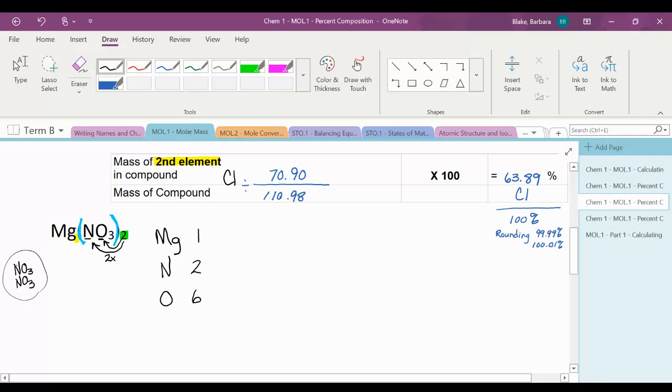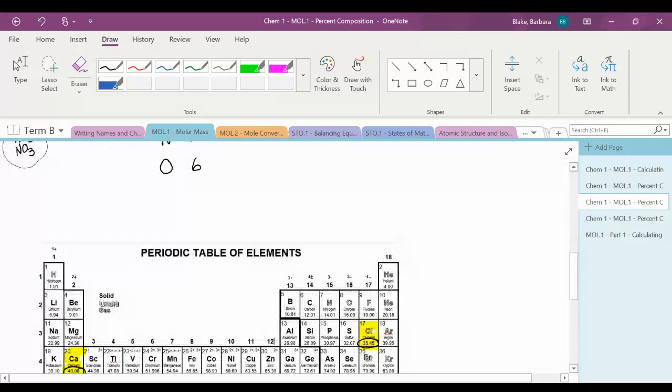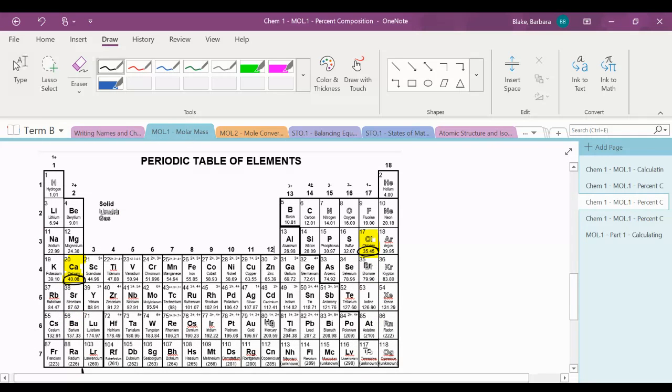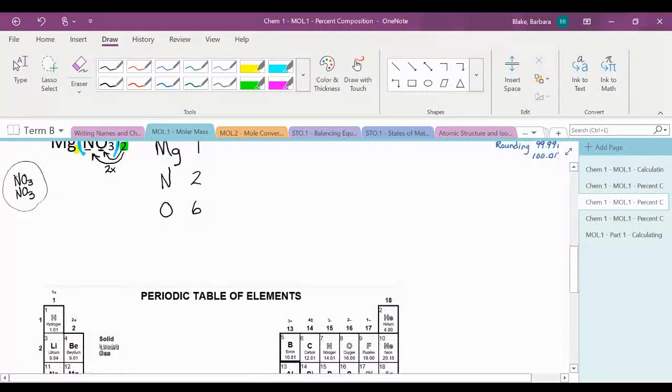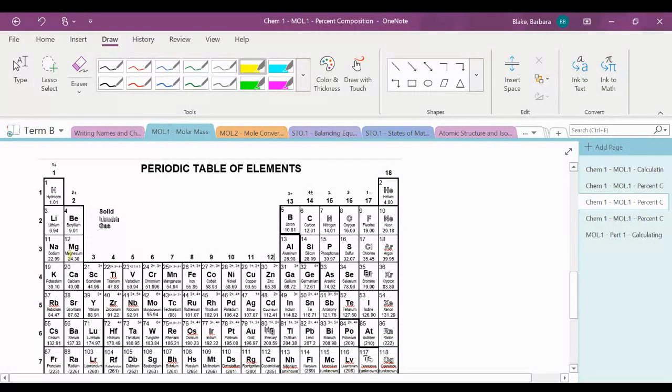So once I have the number of each atom, I need to go down to my periodic table and find the mass of each atom. So I have magnesium, nitrogen, and oxygen.